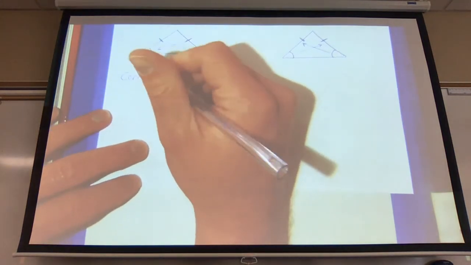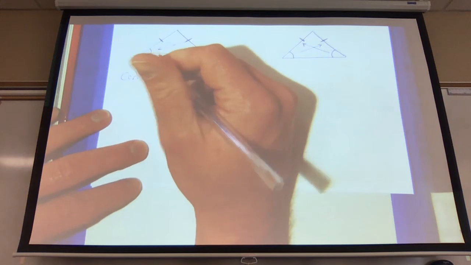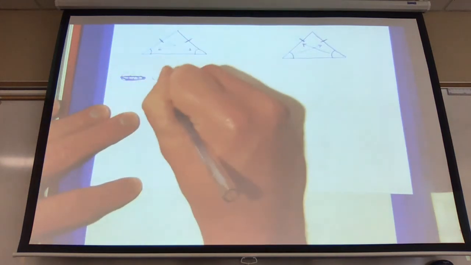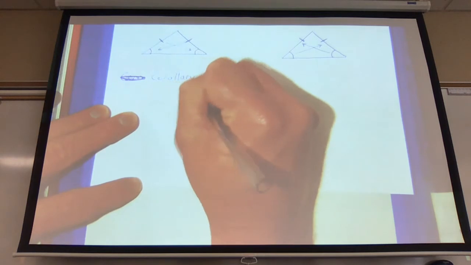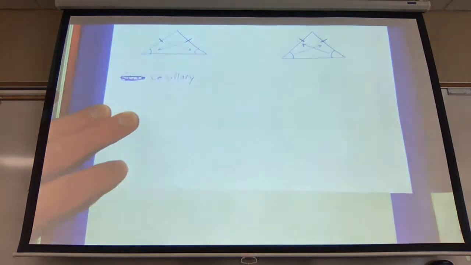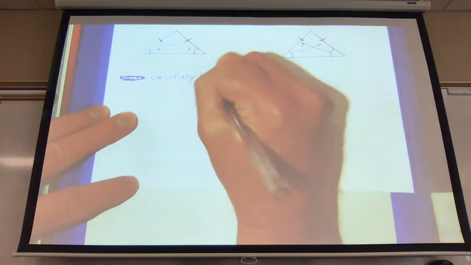I think I'm going to spell this wrong again. I always spell corollary wrong. There's only one R in corollary. This corollary is going to be numbered corollary 4.3.